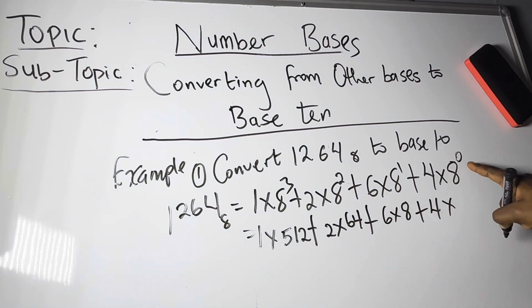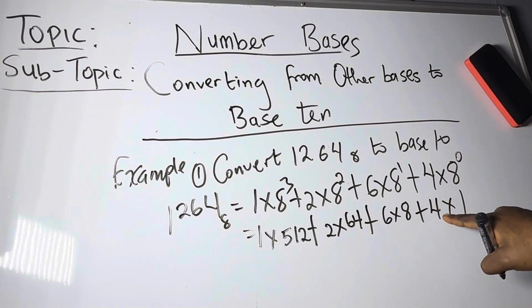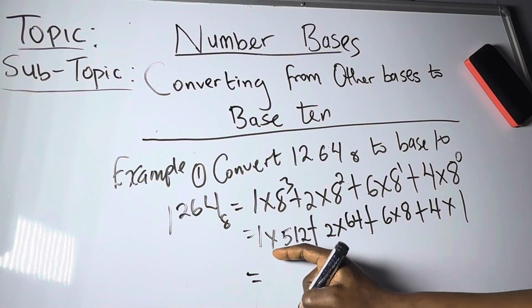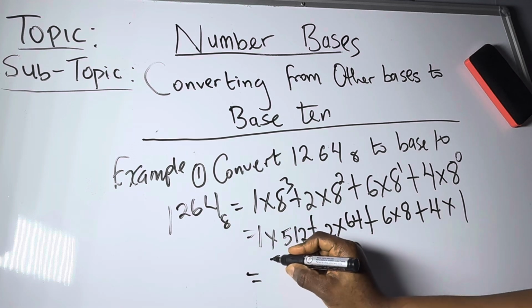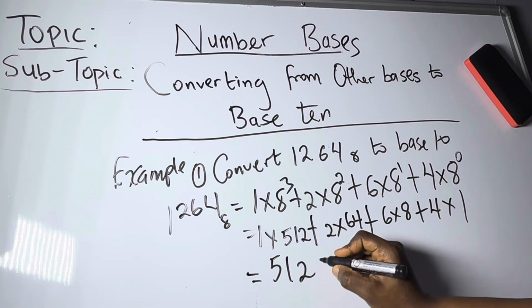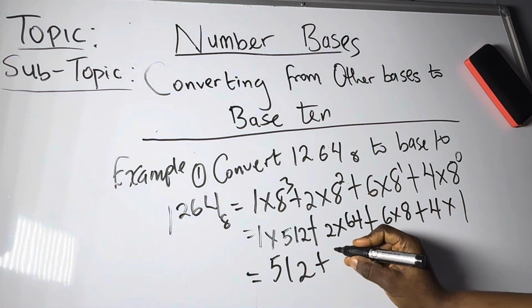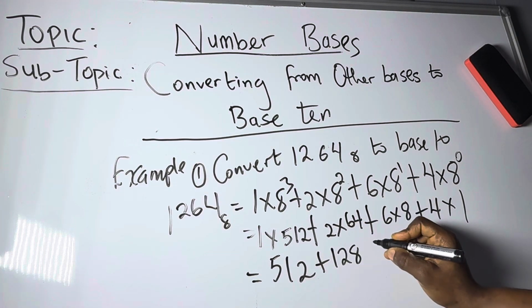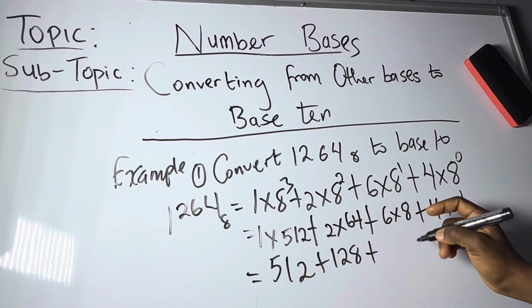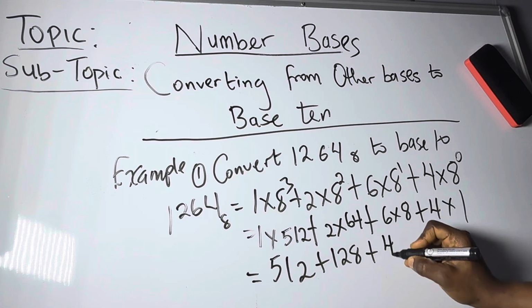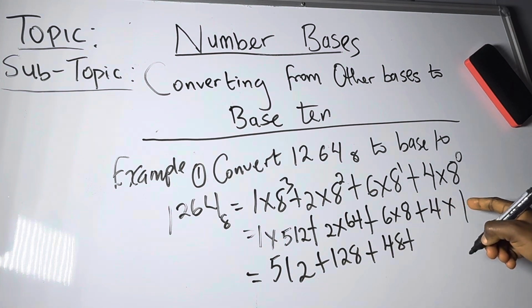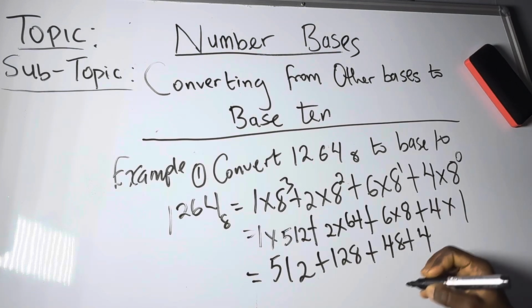So anything raised to the power 0 means 1. So that gives us 4 multiplied by 1. Now here we have 1 times 512, which is 512, plus 2 multiplied by 64, which is 128, plus 6 times 8, which is 48, plus 4 times 1, which is 4.